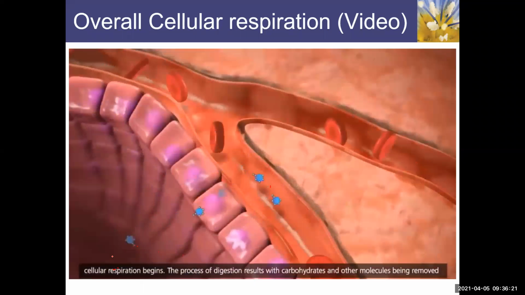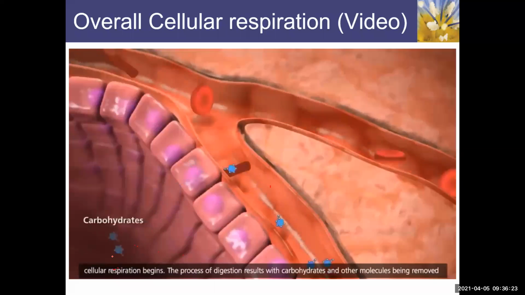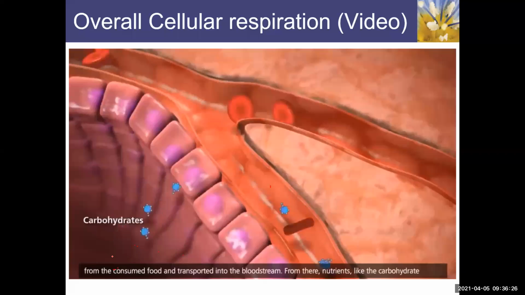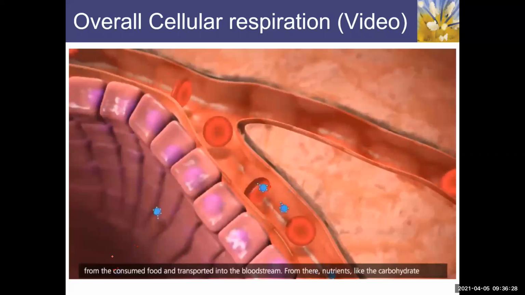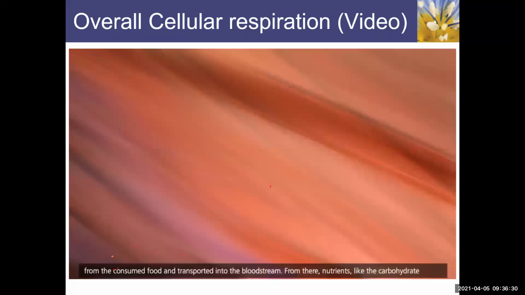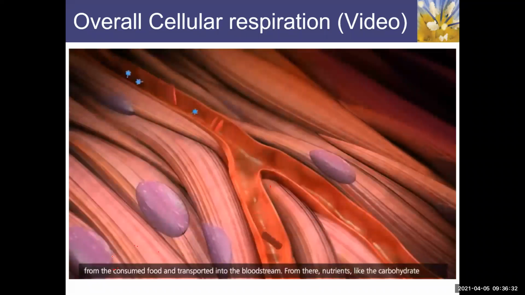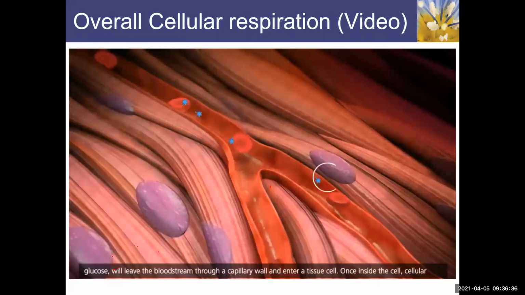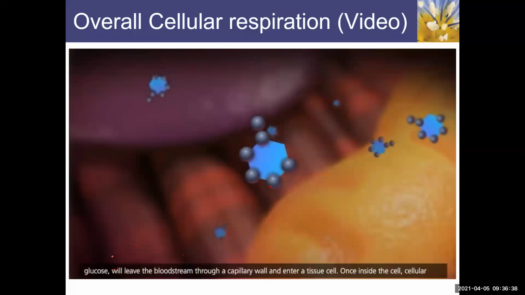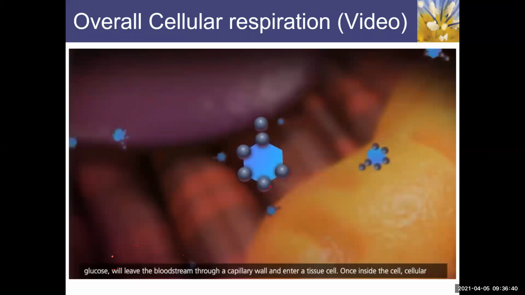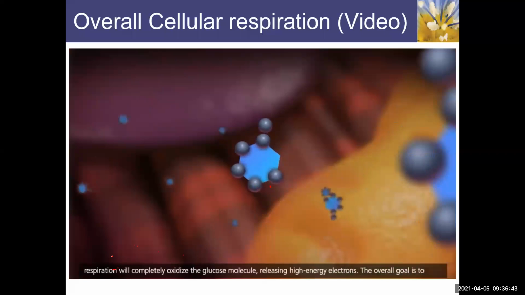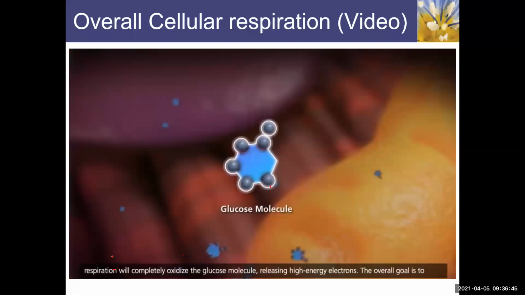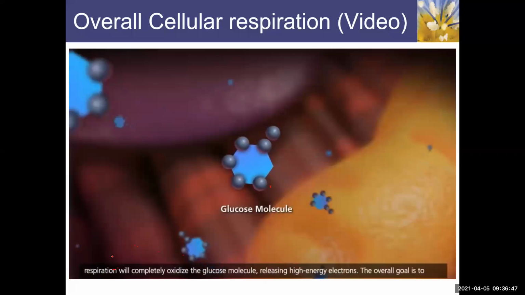The process of digestion results with carbohydrates and other molecules being removed from the consumed food and transported into the bloodstream. From there, nutrients, like the carbohydrate glucose, will leave the bloodstream through a capillary wall and enter a tissue cell. Once inside the cell, cellular respiration will completely oxidize the glucose molecule, releasing high-energy electrons.